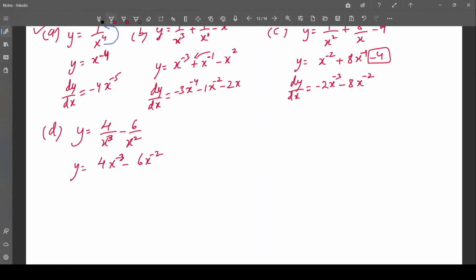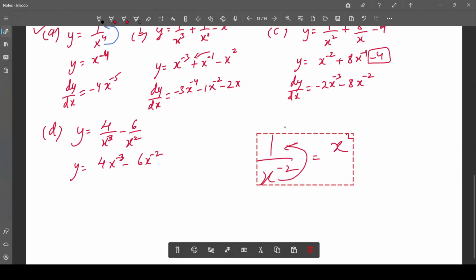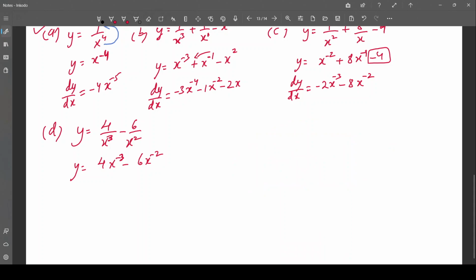Why a negative? Because if it shifts from the denominator to the numerator, the sign changes. If the sign is negative at the bottom, over the top it will be positive. Whatever the sign is, it will be changed if the direction is changed.